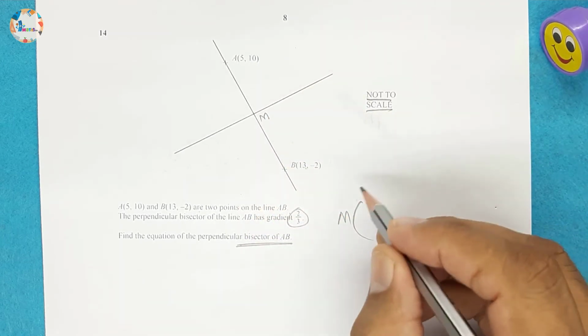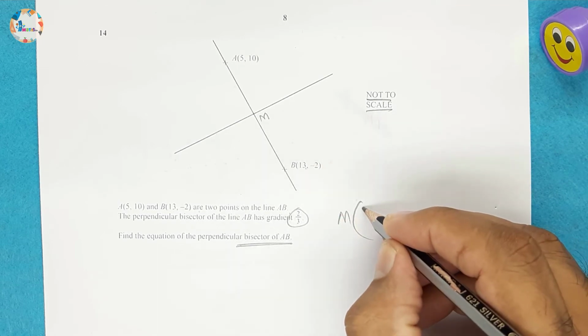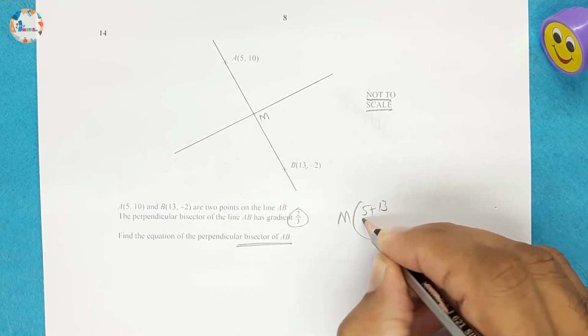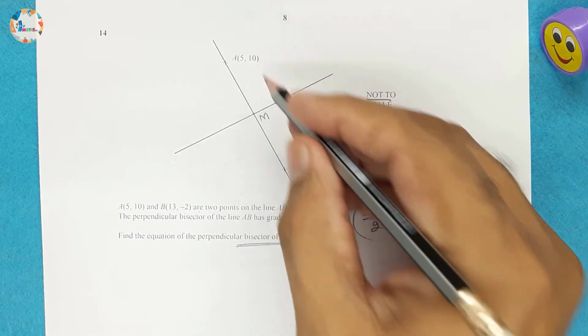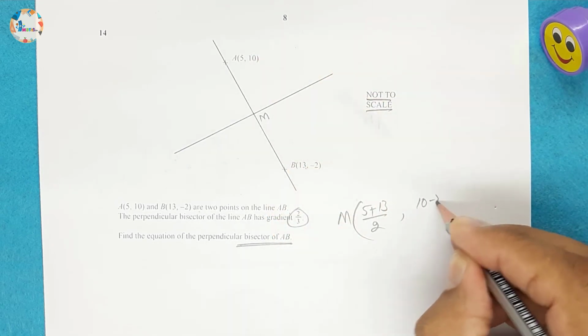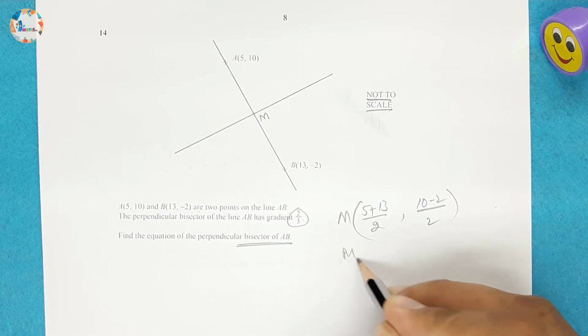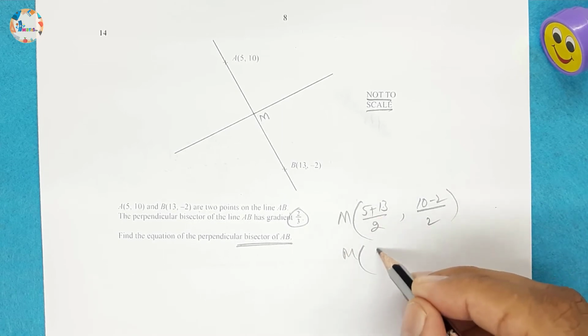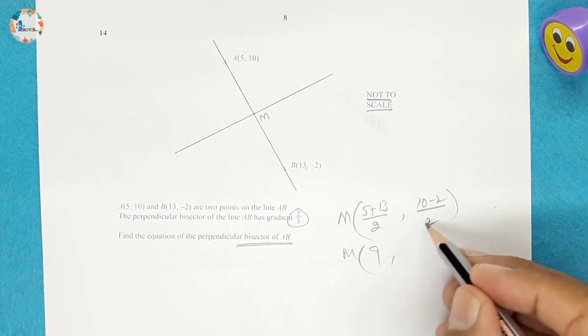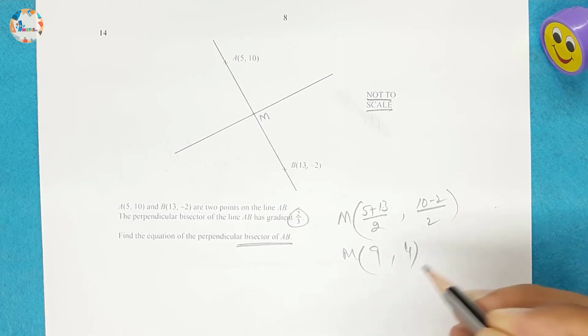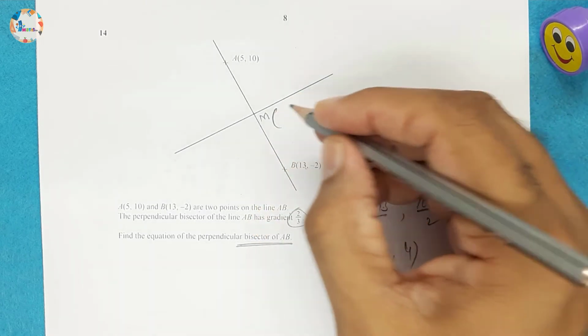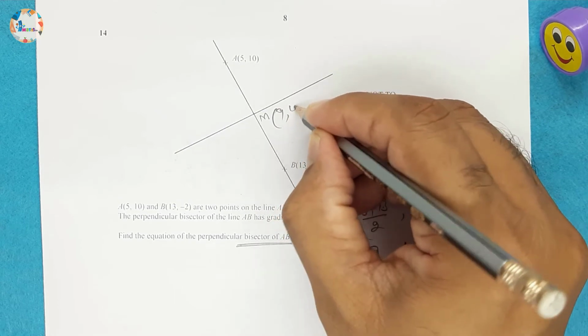If this is M, we can find the midpoint. The coordinates of the midpoint will be A plus B: 5 plus 13 divided by 2, and 10 minus 2 over 2. So this will be 18 by 2, which is 9, and 8 by 2, which is 4. So the coordinates of M we can provide as 9 and 4.